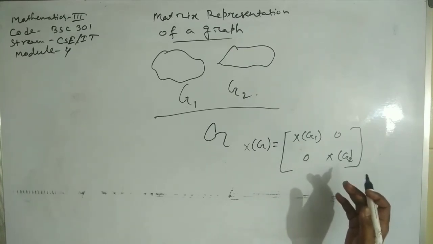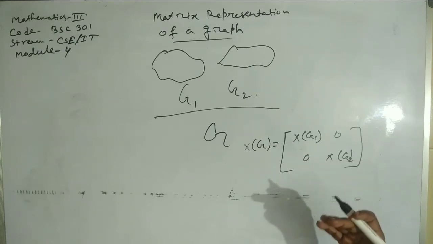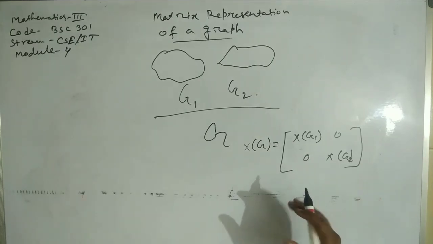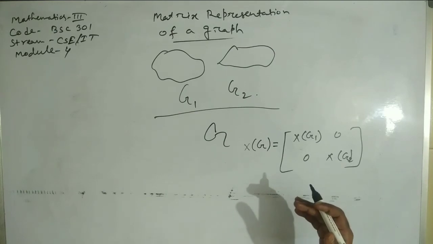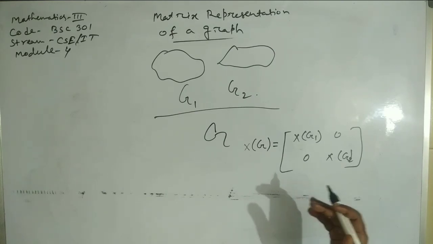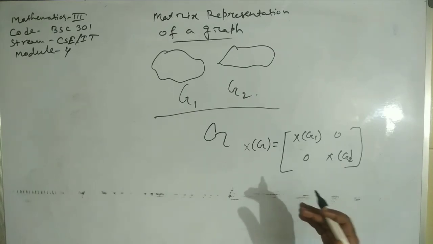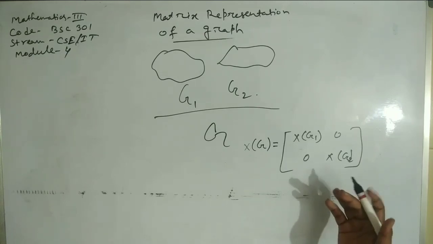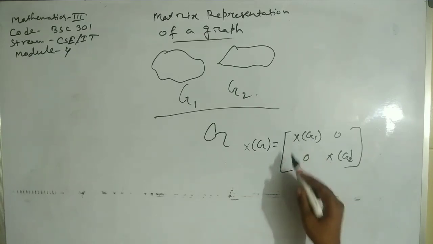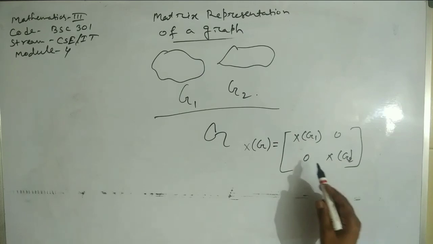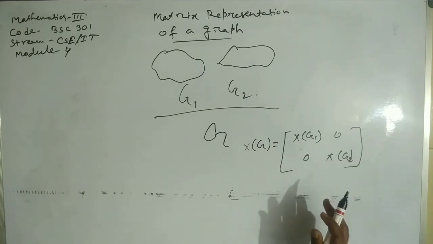Otherwise, it will be a connected graph. That is, you can do permutation in the rows and columns of the matrix, and by doing so you can reduce it to this form. Then you can tell that this matrix is for a disconnected graph.